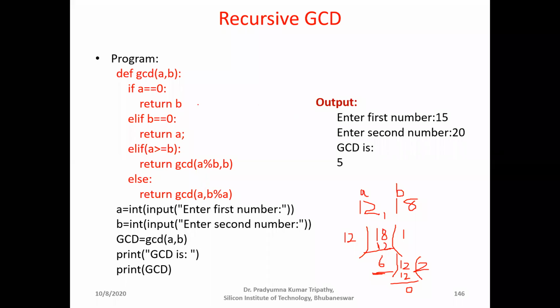Once 12 divided by 6 gives remainder 0, it returns A, and therefore the GCD is found to be 6. Is that understood? Here is an example where we have inputted 15 and 20, and we get the GCD as 5. Anyone having doubt over here?